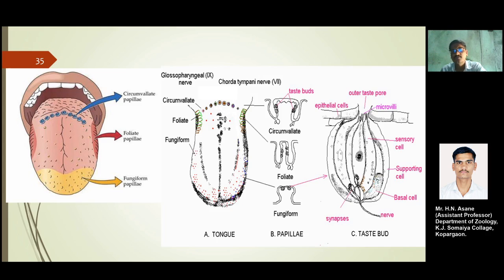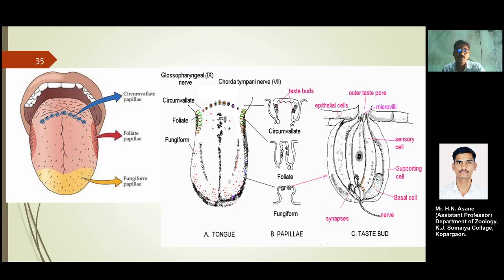The passage, the outer taste pore, is covered with numerous microvilli, and those microvilli have specific receptor structures on them, which are sensed by the sensory cells. Whichever receptor gets activated passes the signals to the sensory cells, and the sensory cells then sense the taste.